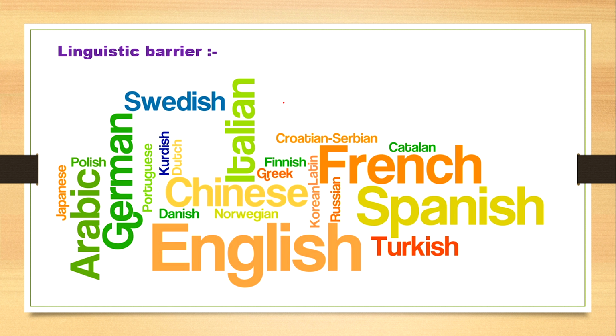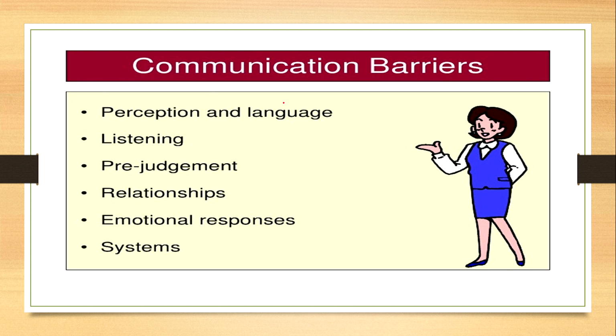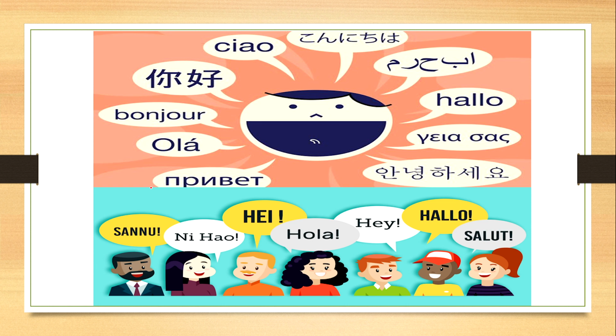Now we can see communication barriers: perception, language, listening, these are also different things. There are so many people saying hey, hello, but different people use different words to say the same thing. So this is a linguistic barrier.